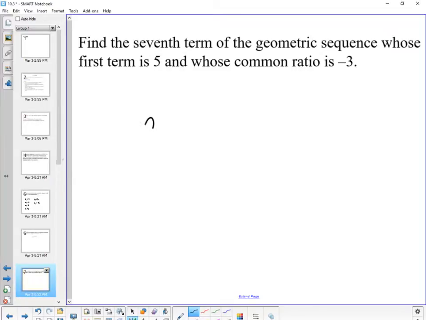It's pretty explicit. A sub n is equal to A sub 1 times the common ratio to the position minus 1. As I write this, I want the 7th term, correct? So that should give me 5 times the common ratio, which is -3, and then 7 minus 1.